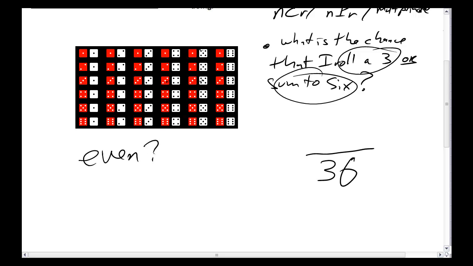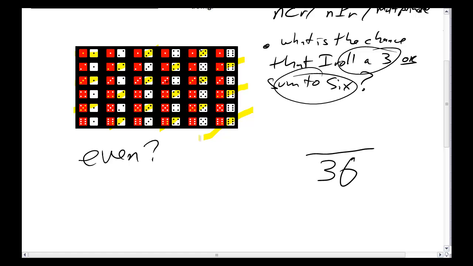Well, let's see. 1 and 1 is 2. Here's a set of evens. That's 3 more. Here's another set of evens. Here's another set of evens. Here's some more evens. Here's some more evens.